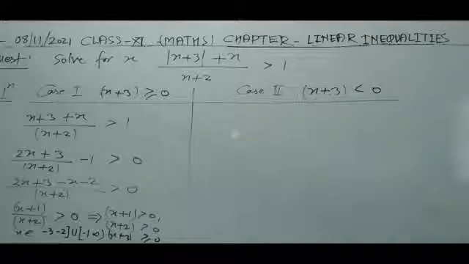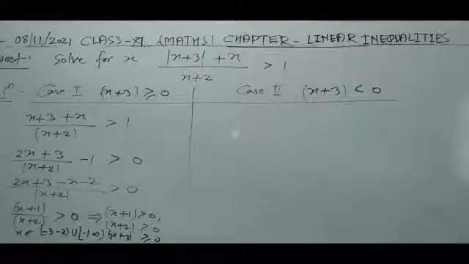Here minus 3 to minus 2 is in open interval. So minus 3 to minus 2 in open interval, union minus 1 to infinity. So this is our result.